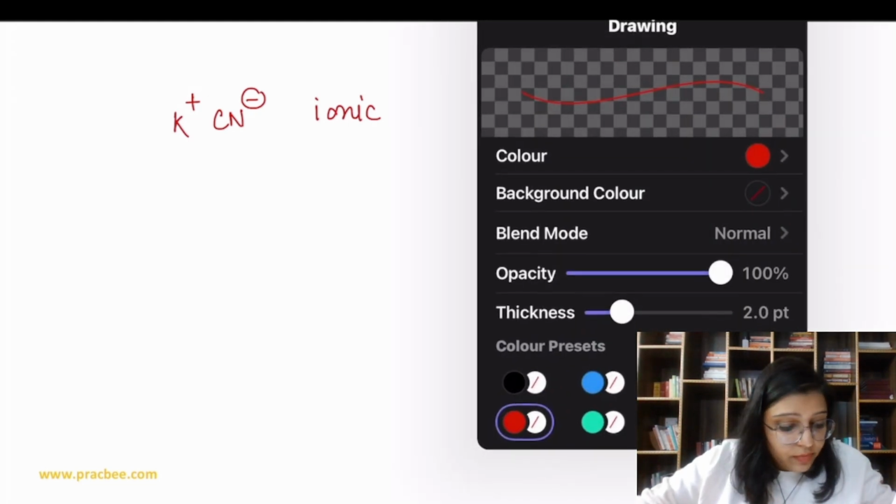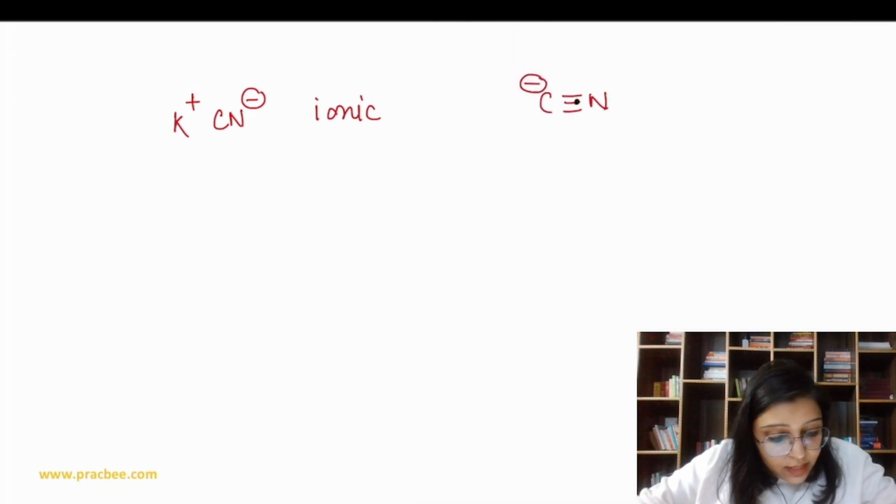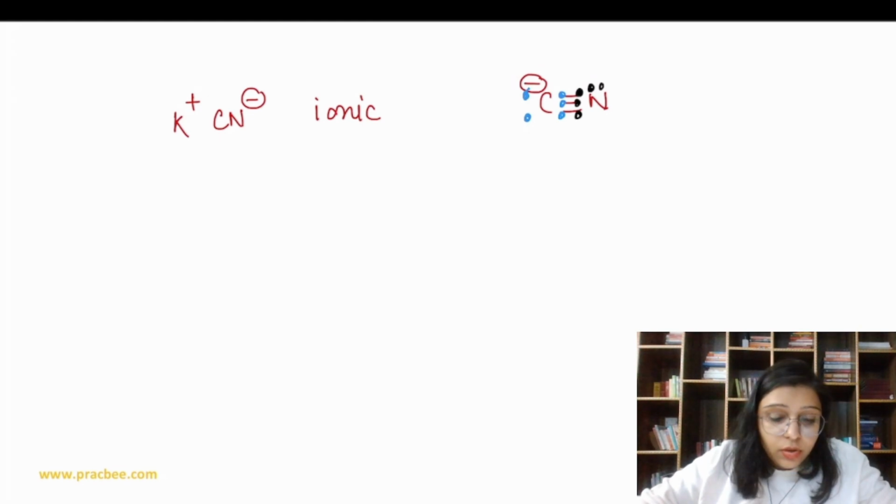Because nitrogen has 5 valence electrons, so 1, 2, 3, 4, and this is 5. Now carbon has 1, 2, 3, 4, and due to this negative charge we have 1 extra electron. So in that way, both have 8 electrons.